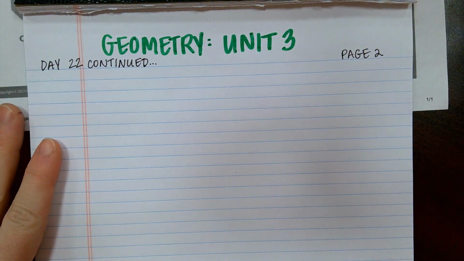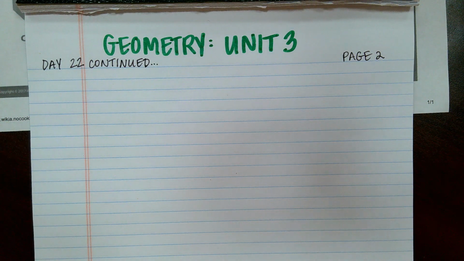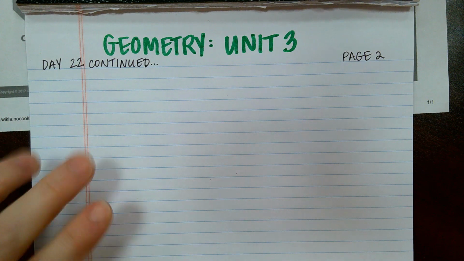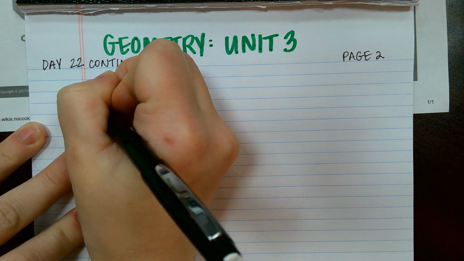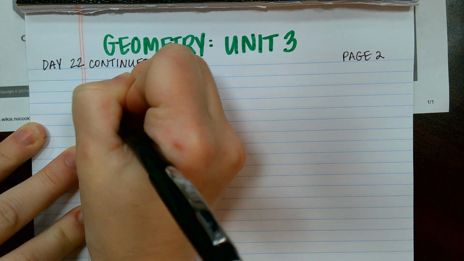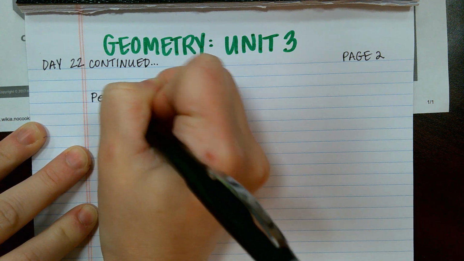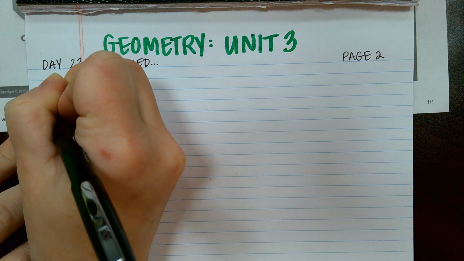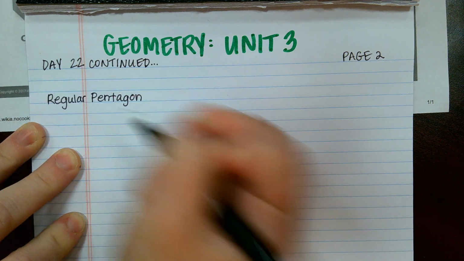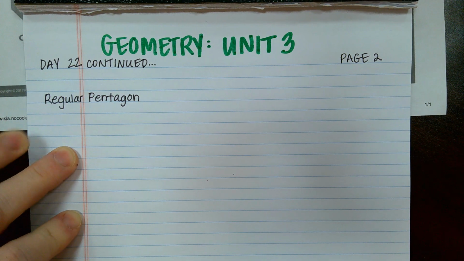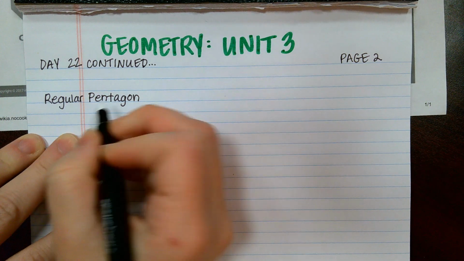A pentagon is a shape with 5 sides. So I'm going to say I have a regular pentagon. So I know all my sides are the same length and all my angles are the same measure.